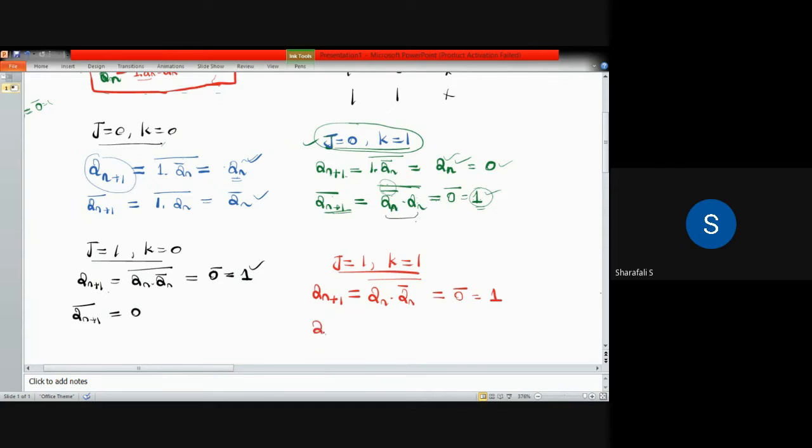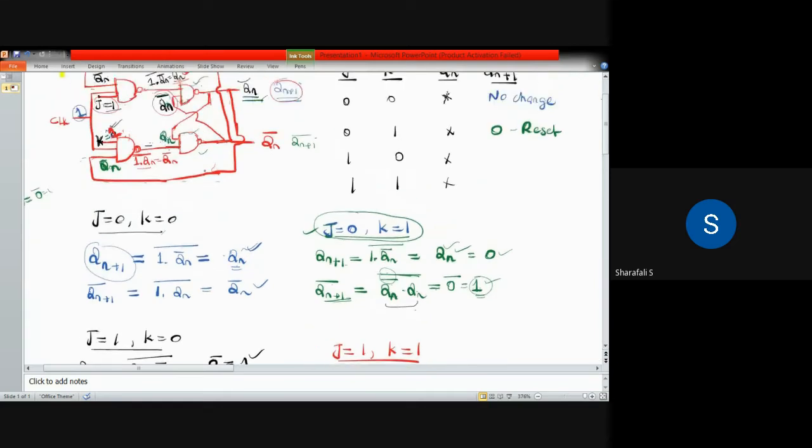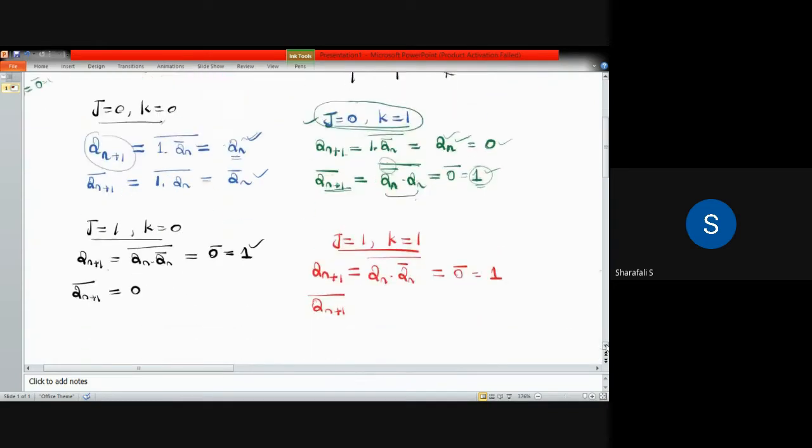And if we consider Qn plus 1 bar in this circuit, as you can see, we have Qn bar here and Qn coming from this output. So here also we have Qn dot Qn bar whole bar, so this also will give you 0 bar.